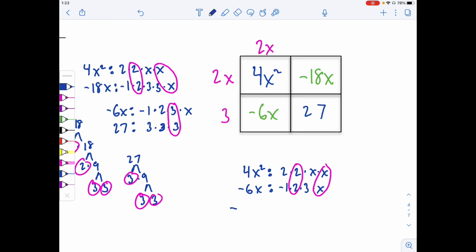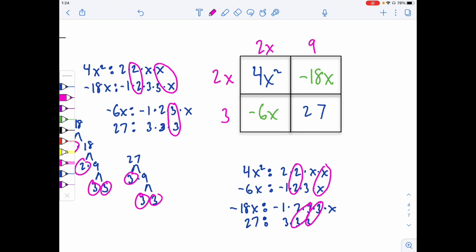Next column, negative 18x and 27. We did that: negative 18 is 1, 2 times 3 times 3 times x, and 27 is 3 times 3 times 3. So we get two 3's, and that is 9.